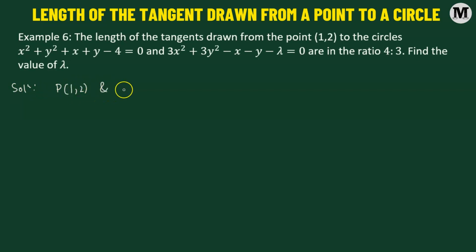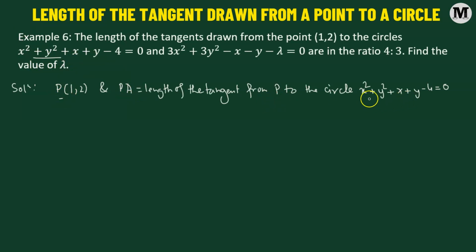We'll consider PA to be the length of the tangent drawn from the point P to the circle x squared plus y squared plus x plus y minus 4 equals 0. And we will consider PB to be the length of the tangent drawn from the same point P to the other circle, whose equation is 3x squared plus 3y squared minus x minus y minus lambda equals 0.